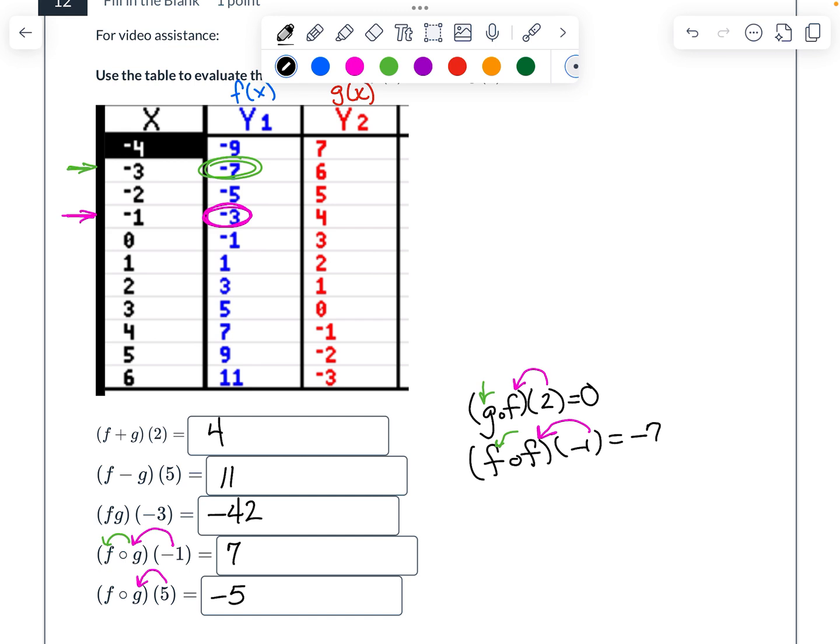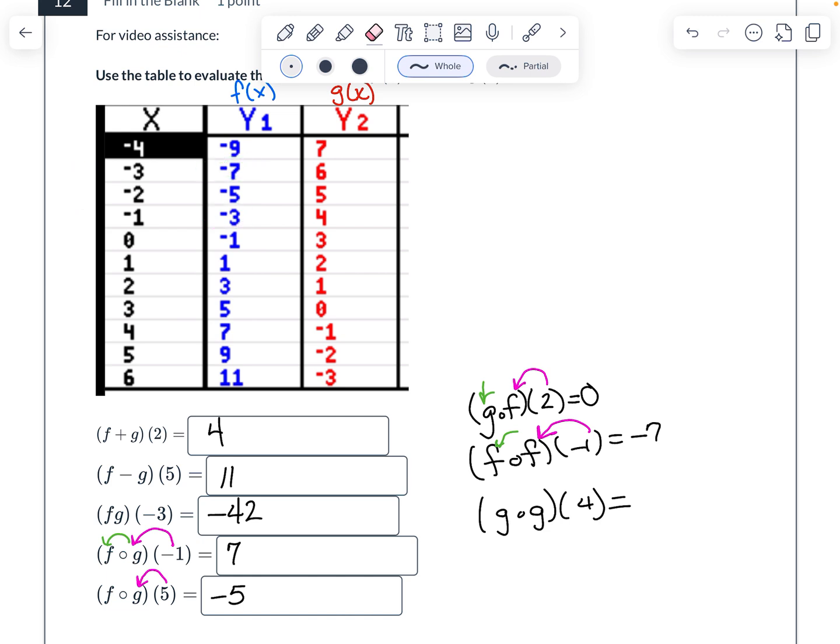Let's try another. Let's say they give us g composite g of 4.